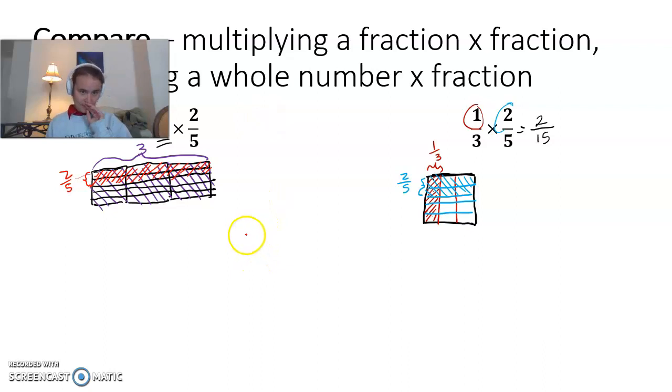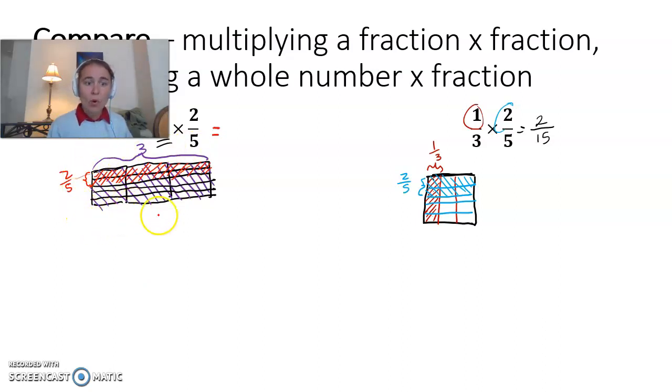All right, so now I'm going to ask myself, what is my denominator? How many pieces make up 1 whole? Now you might think 15 pieces make up 1 whole, but that is actually not correct. 15 pieces make up 3 wholes. This is not 1 whole, this is 3 wholes. So I just need to look at 1 whole.